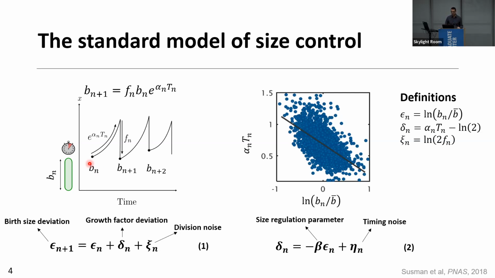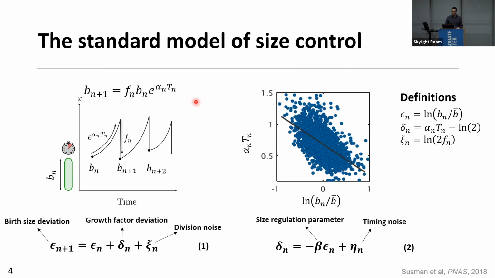As you can see here, cells starting from a birth size B_n will grow exponentially with a growth rate alpha_n, and then divide at the time T_n, with a division factor F_n, which is on average 1/2. The division factor itself has its own noise. This way we have an equation that relates birth size across generations.